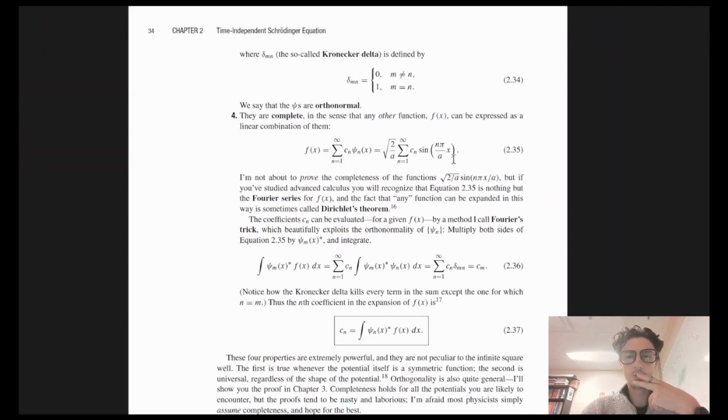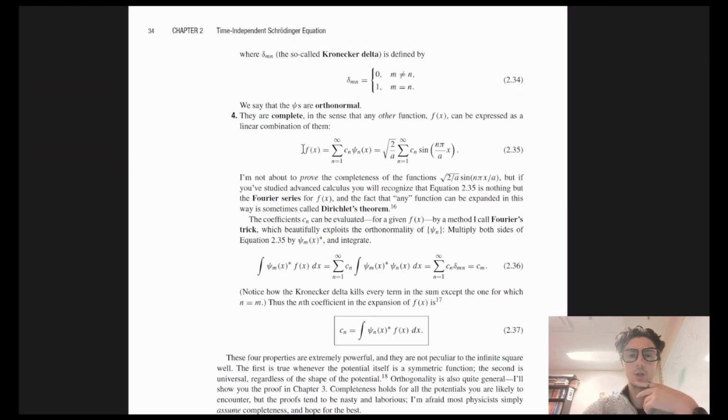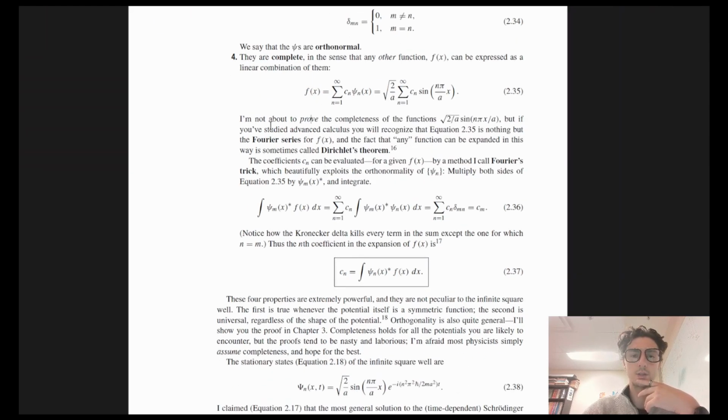And this equals basically this once you plug in the sine and pull out the square root of 2 over a normalization term. So you can create any function depending on what these c n's are. This is like the Fourier series, using this basis set of wave functions to create a whole new function that looks interesting and is a combination of these. This is also superposition.